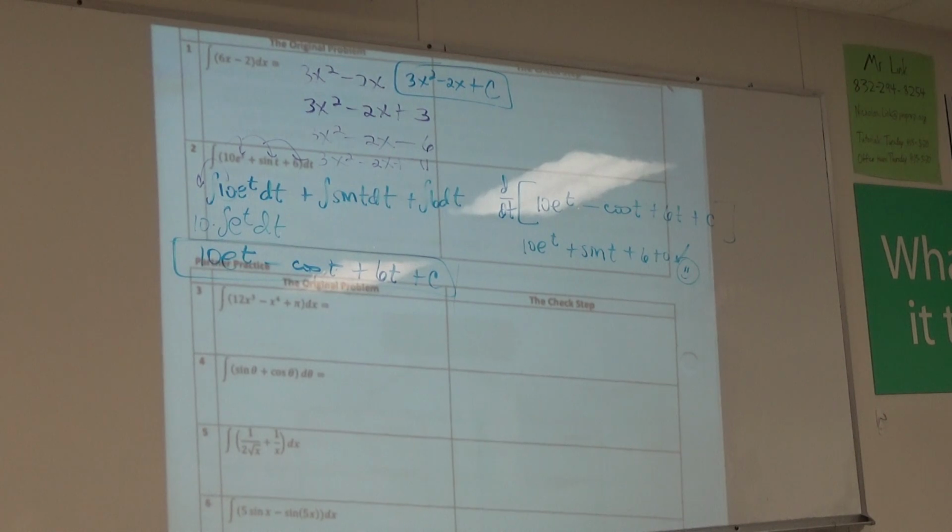This would be 4 over 5 x to the power of 5. But wouldn't that be 20 over 5, which would be 4x to the 4th? Because it's a fraction. Right, but wouldn't that be here, down here? Yeah. But this is x to the 4th, not 4x.